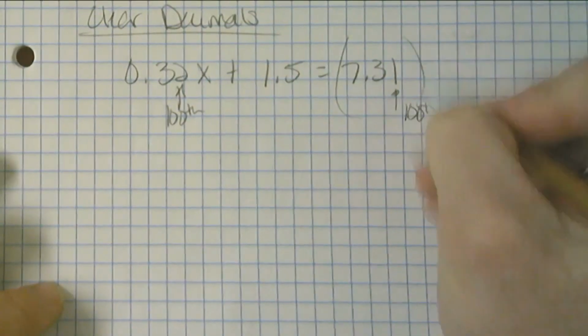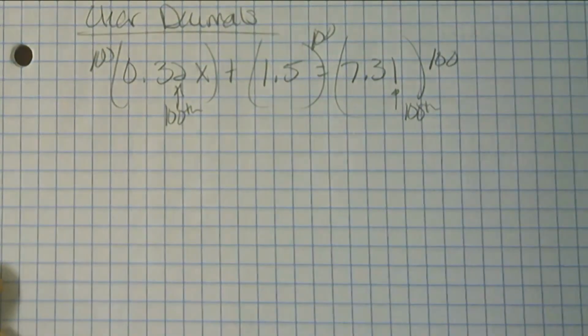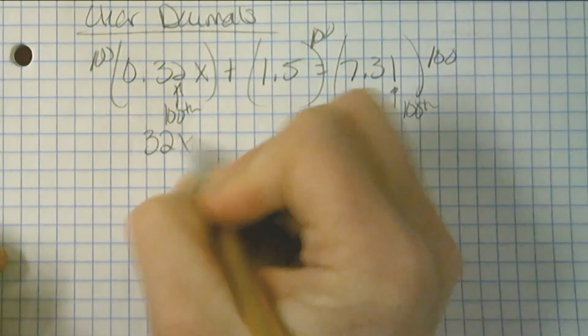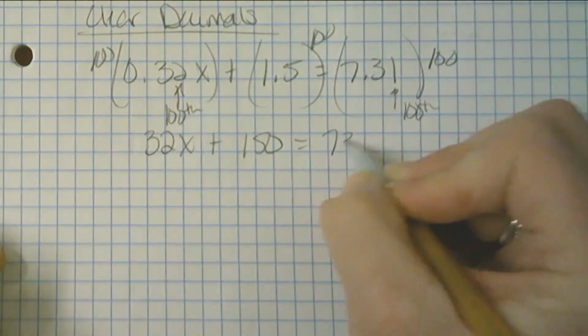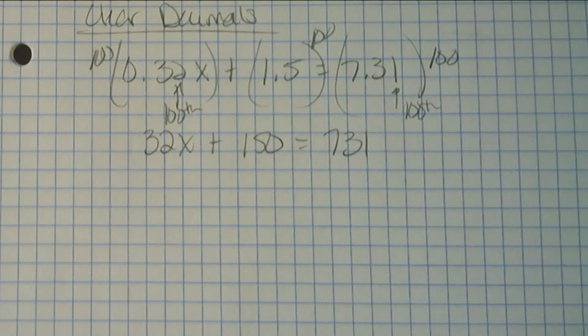So I'm going to multiply everything, including that 1.5, by 100, because my goal is to turn all of those numbers into integers. So I end up with 32x plus 150 is equal to 731, and then Danny, you just finish solving. Does that help you? Awesome.